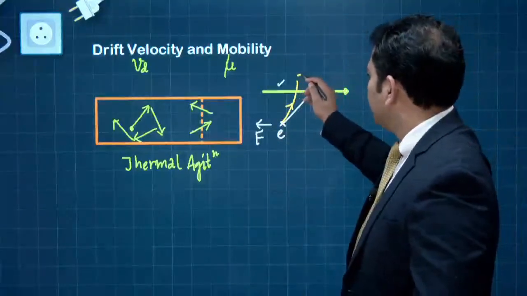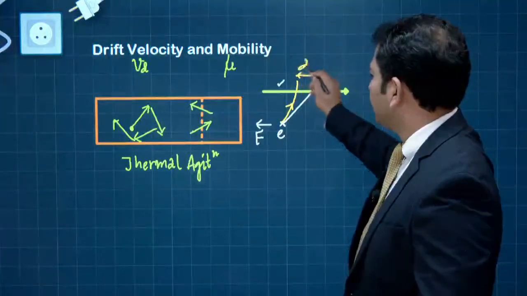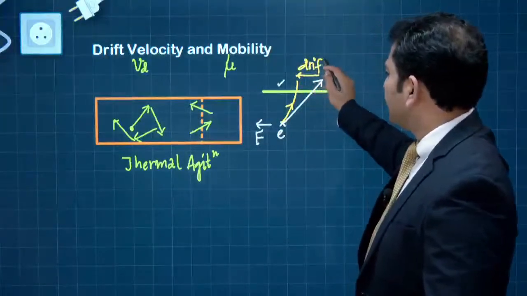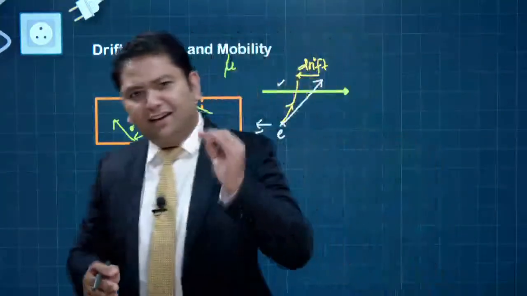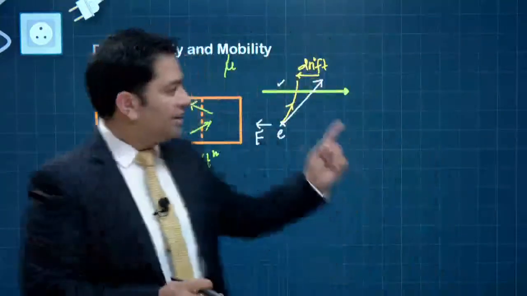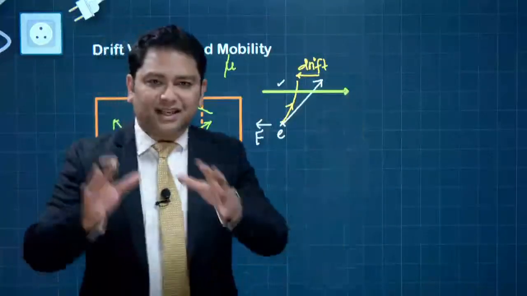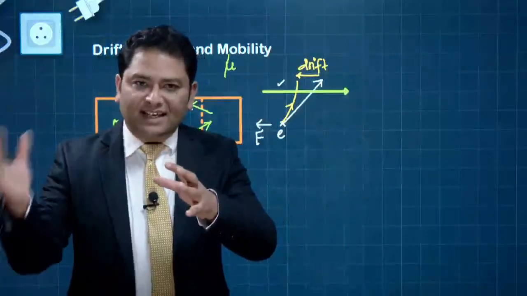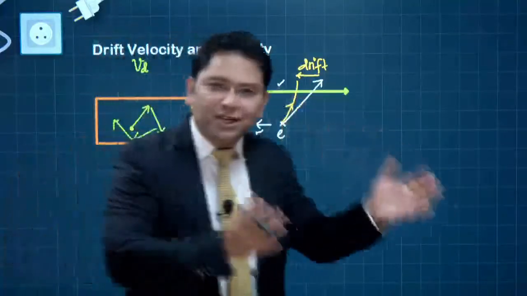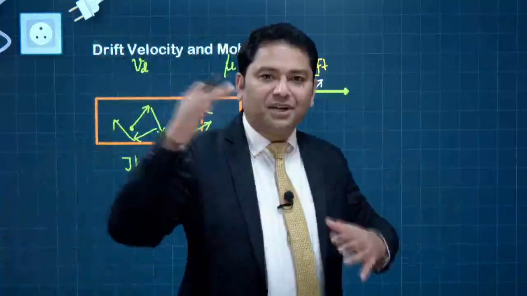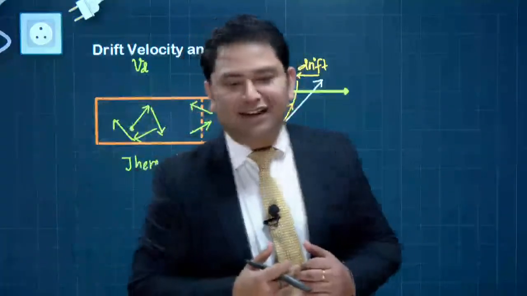We get a little bit of drift in this direction. और ये जो drift है, that's very, very less. जैसे कि random velocity के कारण से kilometers per second की speed थी, drift के कारण से it comes in millimeter per second.